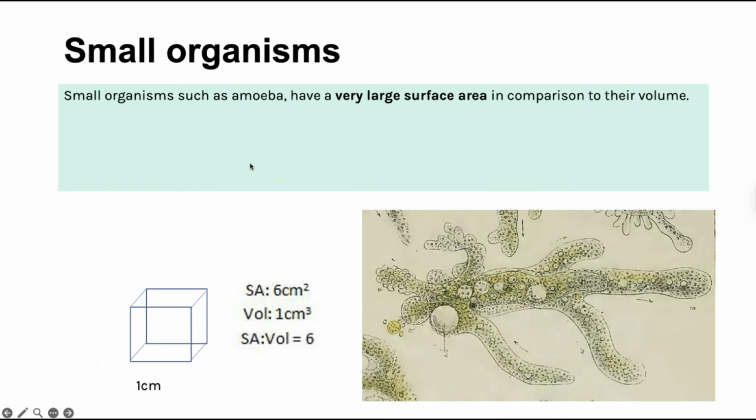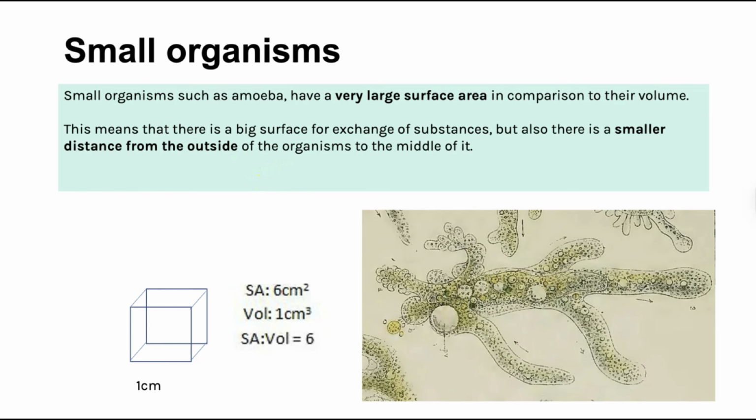And that means that small organisms, for example, an amoeba, have a very large surface area compared to their volume. And this means that there is a big enough surface for exchange to happen across. But also there's a smaller distance from the outside to the very middle of the organism. So you have a short diffusion distance as well.